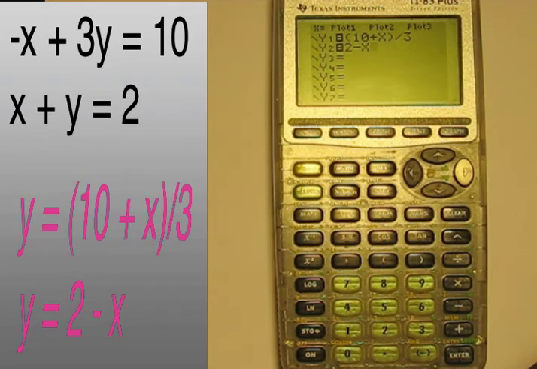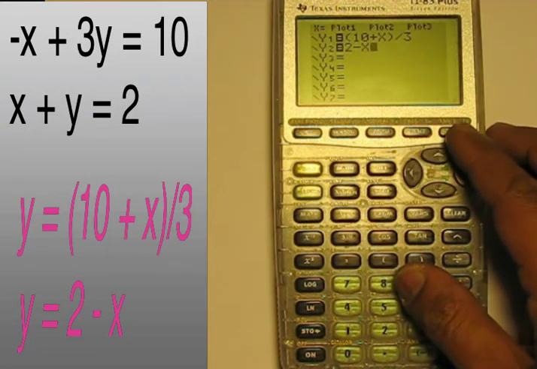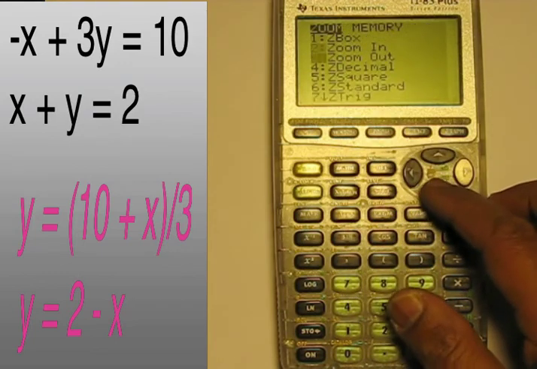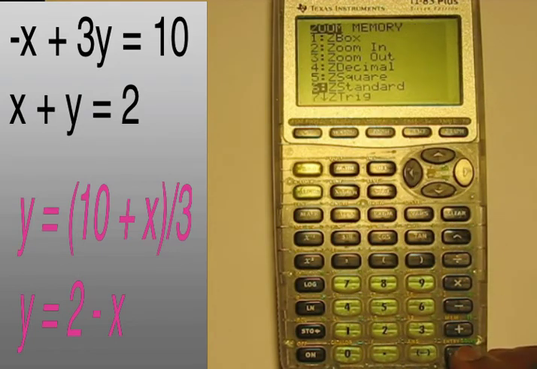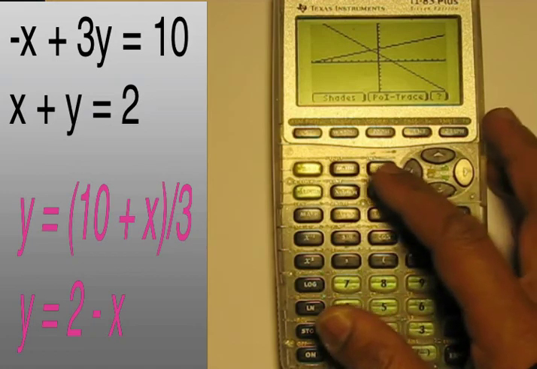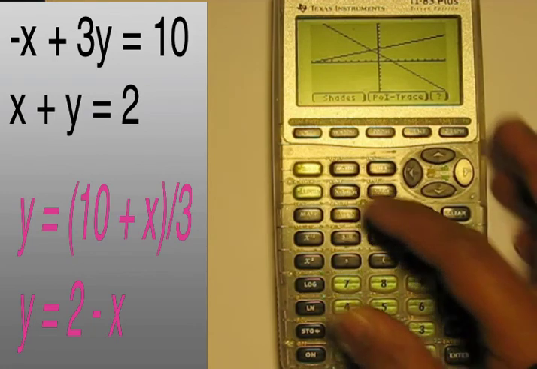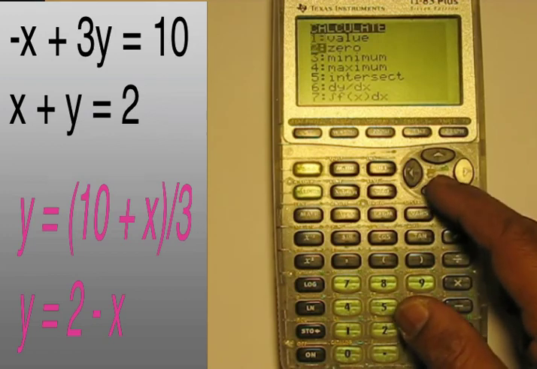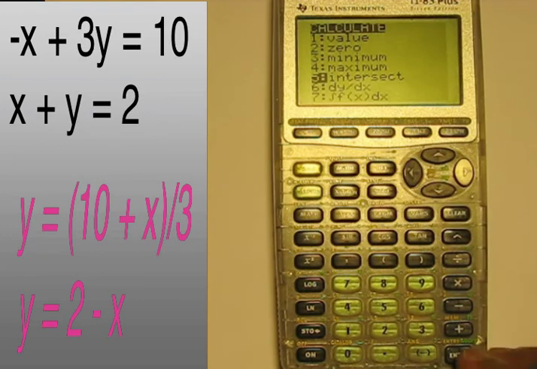We want to graph these and find the intersection. In order to graph them, you have to hit the graph button. But first you should hit the zoom button, and then 6. 6 means standard. You see one line, the other line. Now we want to find the intersection of these two graphs. In order to do that, you go second, trace, and scroll down to intersect.